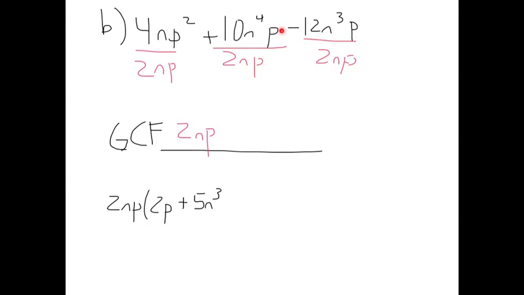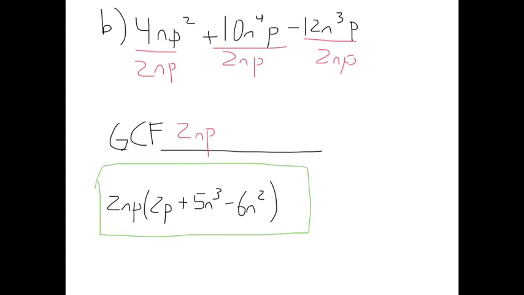And then lastly, negative 12 over 2, don't forget the negative. Negative 12 over 2 gives me negative 6. N cubed over n gives me n squared. And p over p, those cancel as well, so I don't have to worry about them. And there we go. Again, this is my answer. This is the factored form of what I started with.